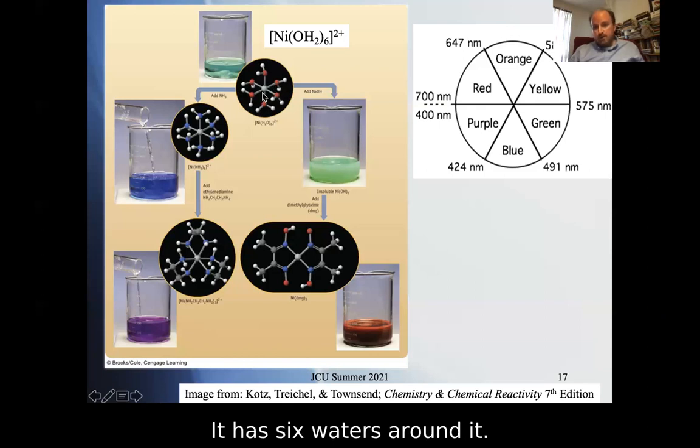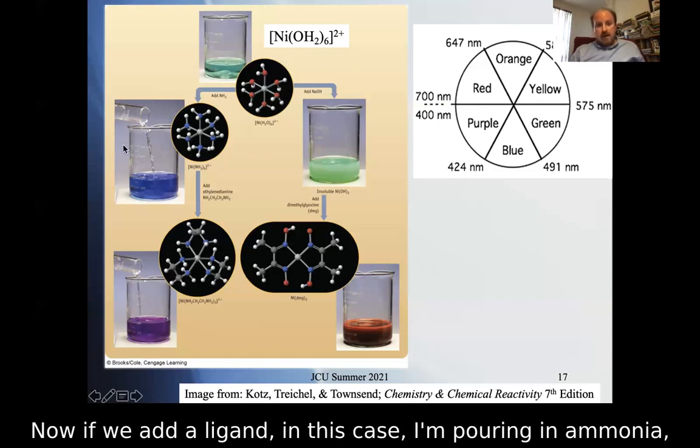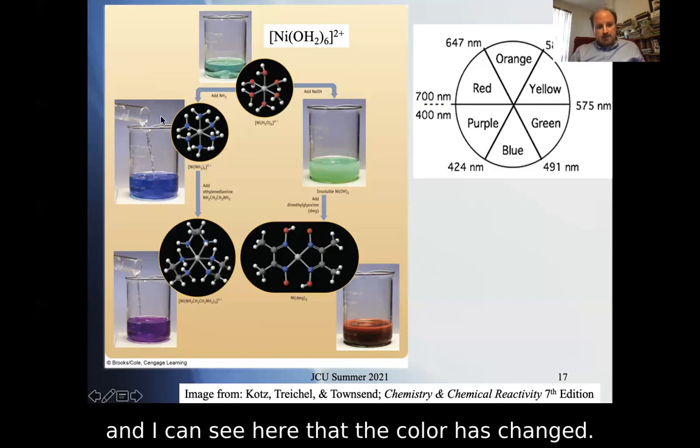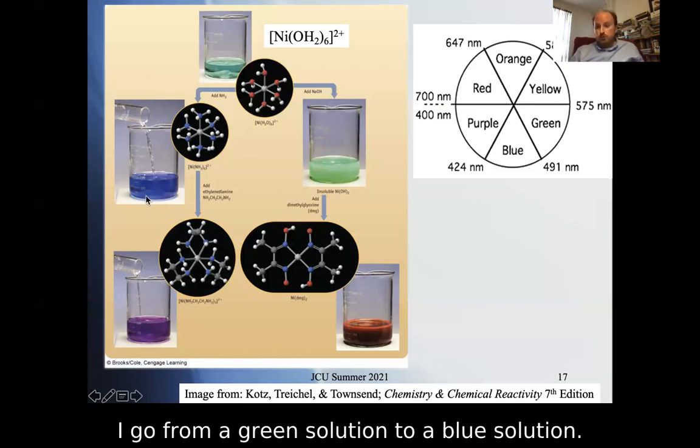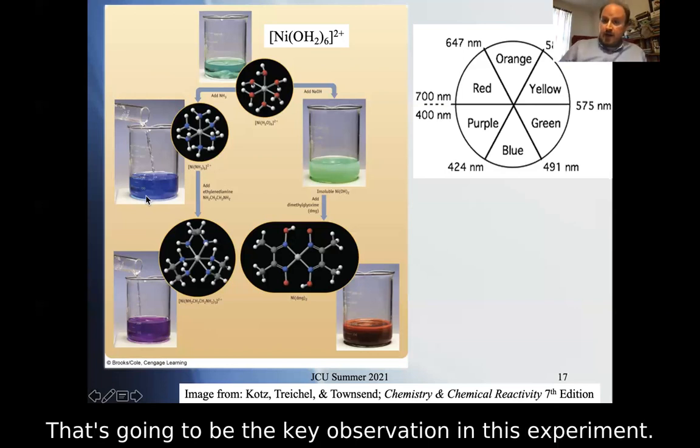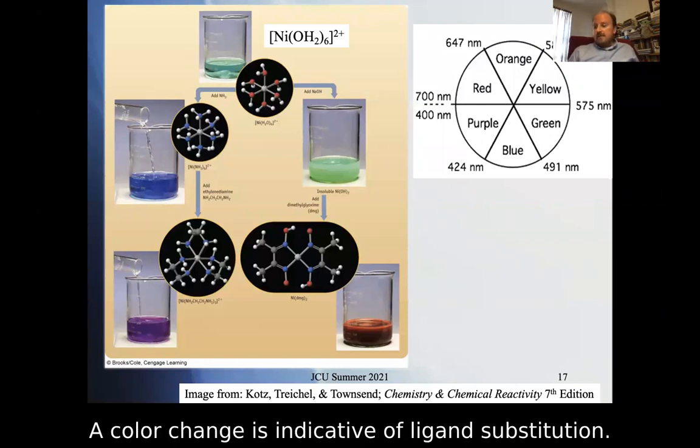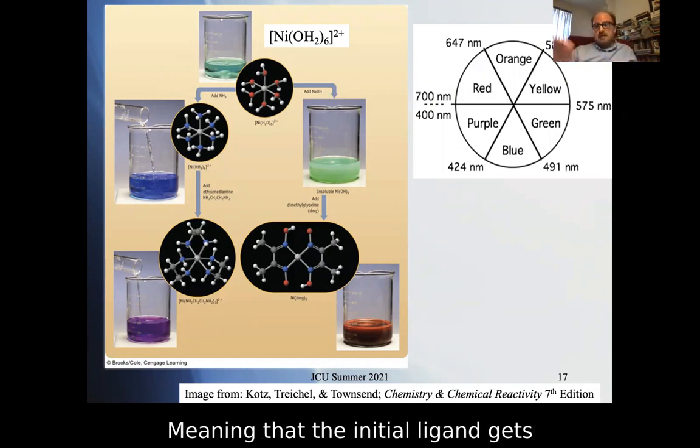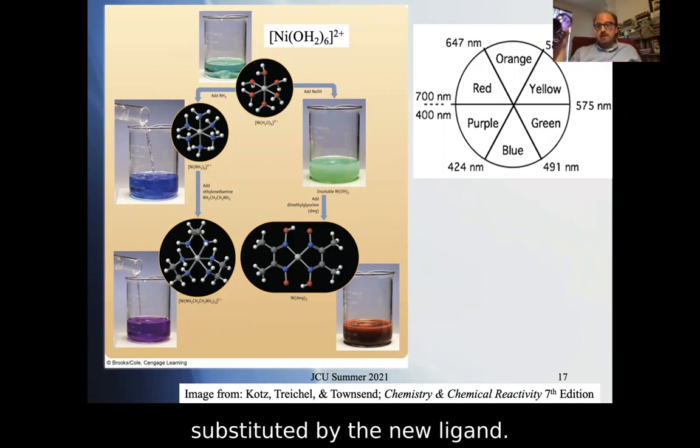It has 6 waters around it. Now, if we add a ligand, in this case, I'm pouring in ammonia, and I can see here that the color has changed. I go from a green solution to a blue solution. Now, that's going to be the key observation in this experiment. A color change is indicative of ligand substitution, meaning that the initial ligand gets substituted by the new ligand.